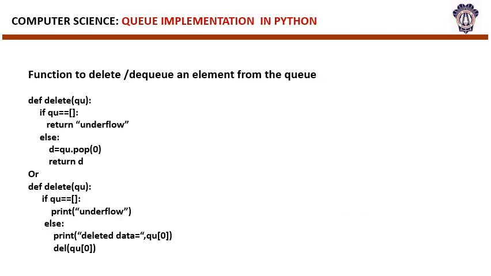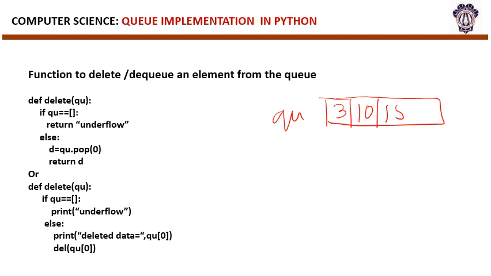After inserting an element in the queue, we learn how to delete an element from the queue. We had taken a list which is implementing Q. There were 3 elements, 3, 10 and 15. Now the index of these elements will be 0, 1, 2.